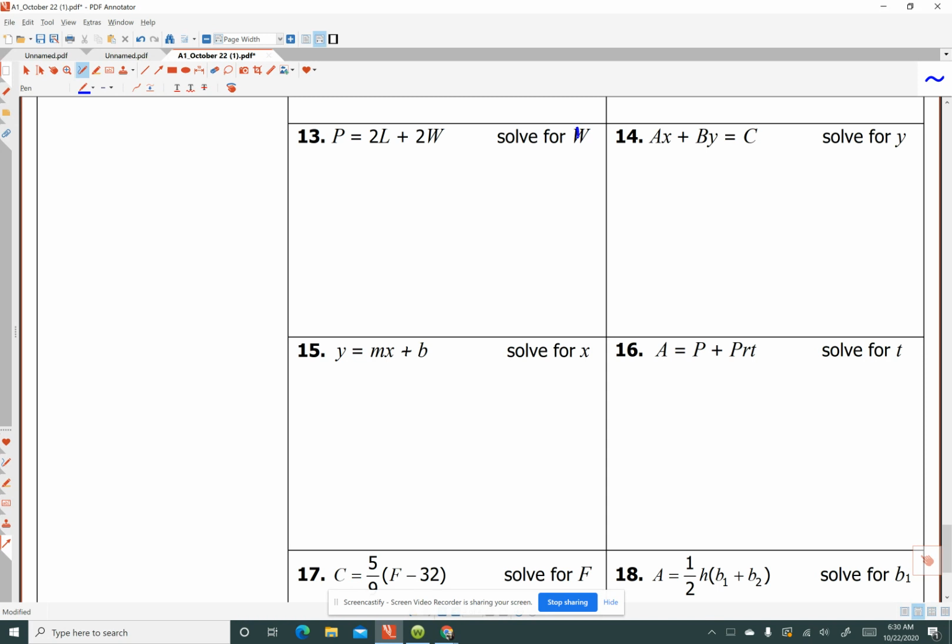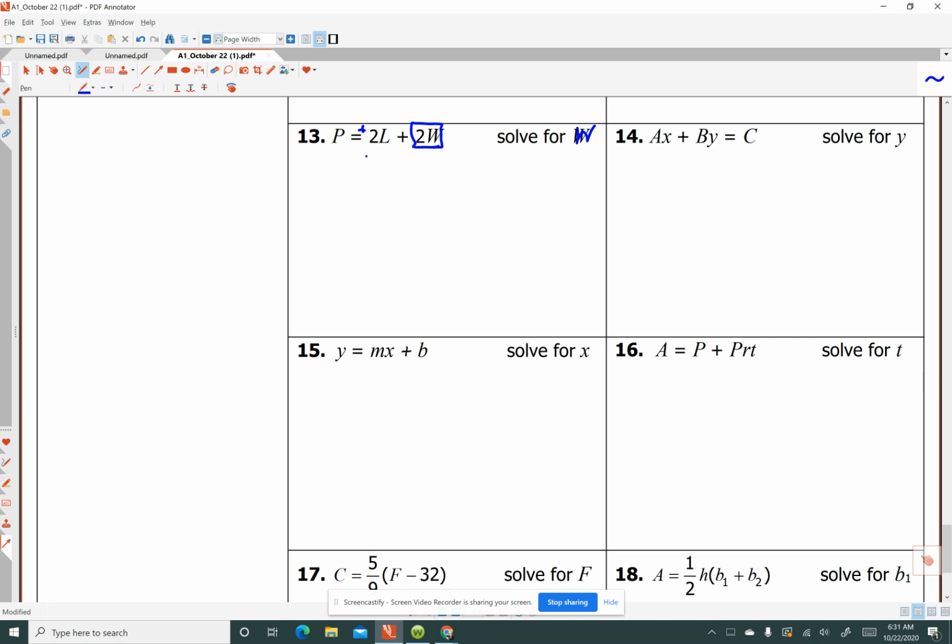In number 13, we're solving for W. P equals 2L plus 2W. So W is locked in this term with a 2W. So what I want to do is leave this alone for a minute and let's get rid of the 2L. Now remember, here we have an invisible positive sign. So we can say 2L is being added to 2W.